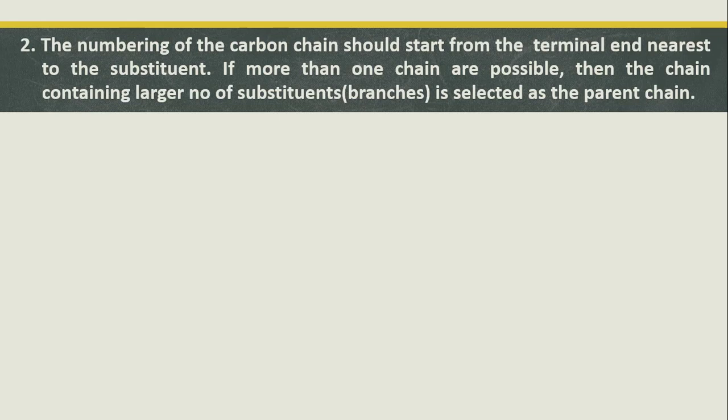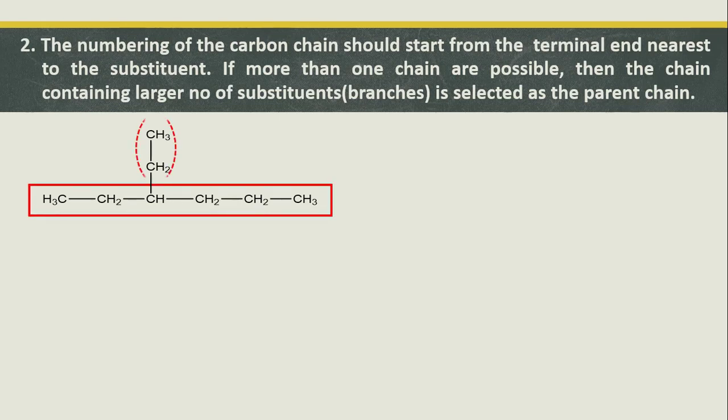Okay, let's take an example here. There are 2 possibilities of numbering, so both of them are the same. In the first numbering, the substituent, that is the ethyl group, lies on the 3rd carbon atom.